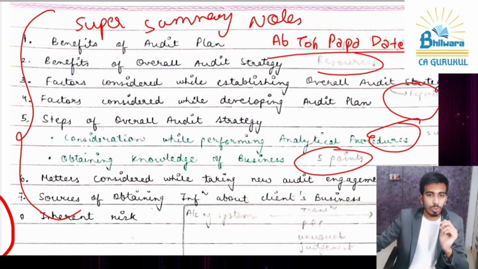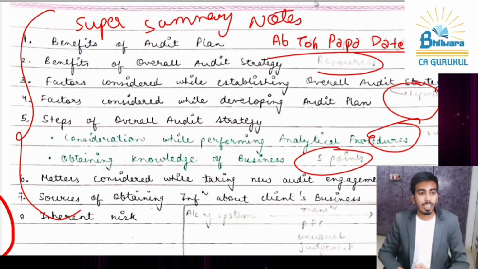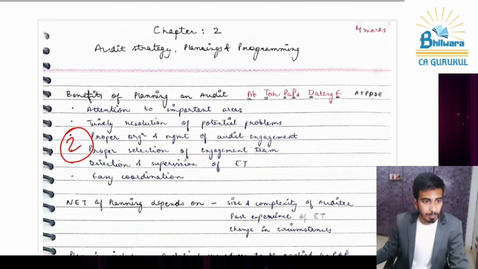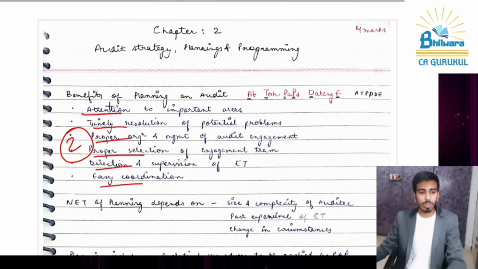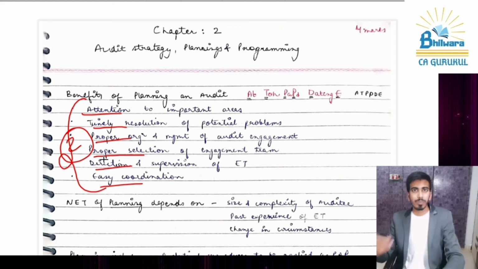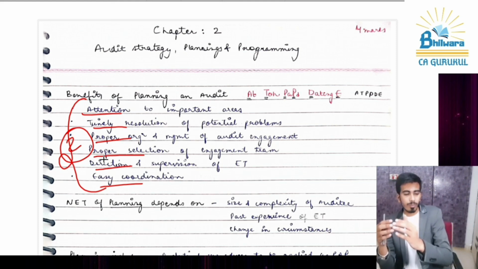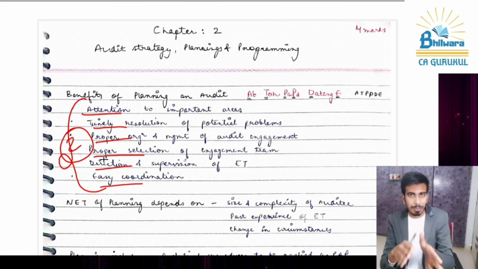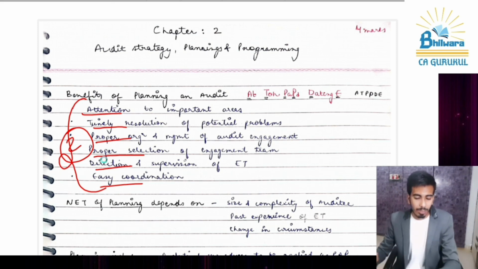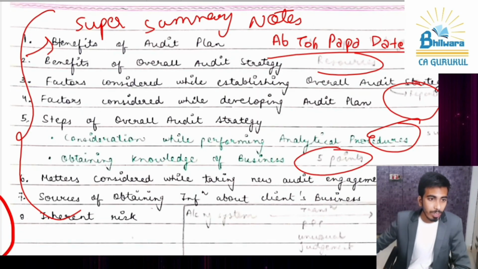The intention of this is, when you see this question, the benefits of audit plan, you would normally give emphasis on retaining it. You would be trying to memorize it, trying to retain it. But once you have made this, now you will try to recall it.